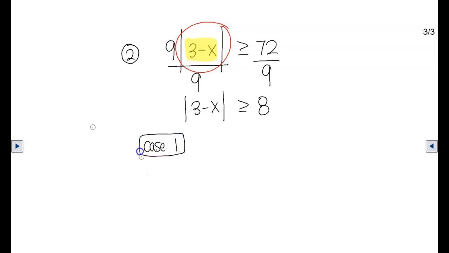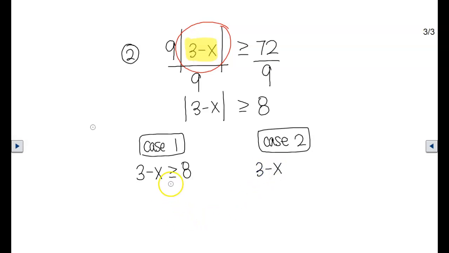So always isolate first if you need to, and then do your two cases. So case 1, as is, 3 minus x greater than or equal to 8. Case 2, change two things. 3 minus x, instead of greater than or equal to, less than or equal to, instead of positive 8, negative 8. Flip the inequality sign, make the number a negative.